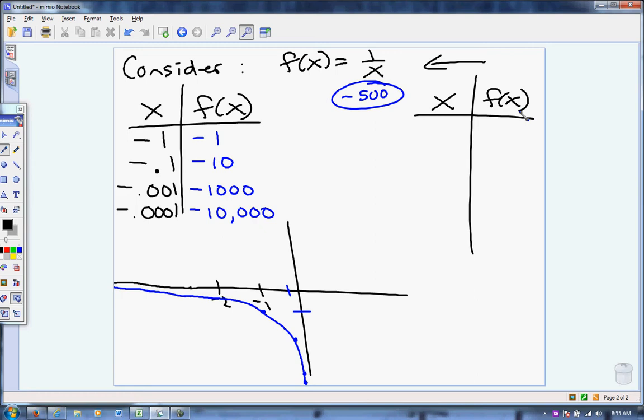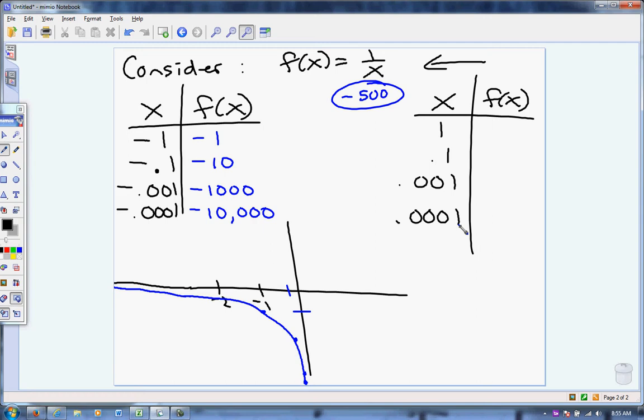And let's come in from the other direction. We'll start at positive 1, go to positive 0.1, positive 0.001, positive 0.0001. If I approach 0 from the right-hand side, what do you think is going to be the only change? Isn't the sign going to be the only thing that changes?